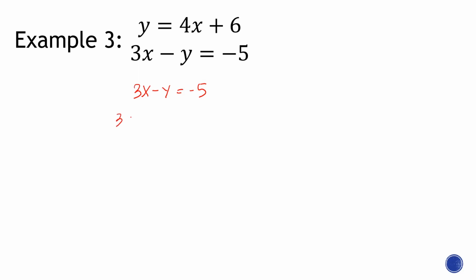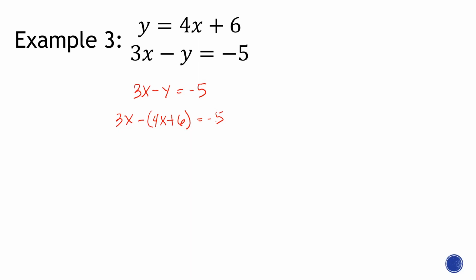And here's what will happen. Instead of writing y, according to the first equation, y equals 4x plus 6. So I will replace that y by 4x plus 6. There you go. So that's how we set up the equation, right? Or we will substitute 4x plus 6 for y.